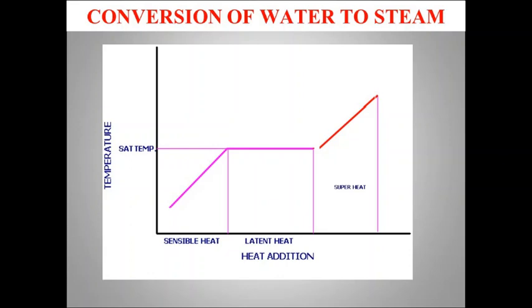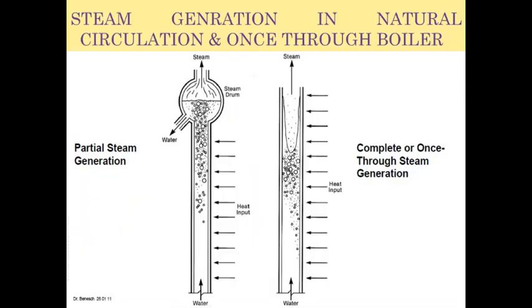As we change the pressure, naturally the saturation temperature changes, and with the change in saturation temperature, the distribution pattern of the amount of sensible heat addition, latent heat addition, and superheat addition changes on the steam quality. So, as we go on increasing the boiler pressure, the latent heat of vaporization requirement reduces and the sensible heat gain requirement increases.